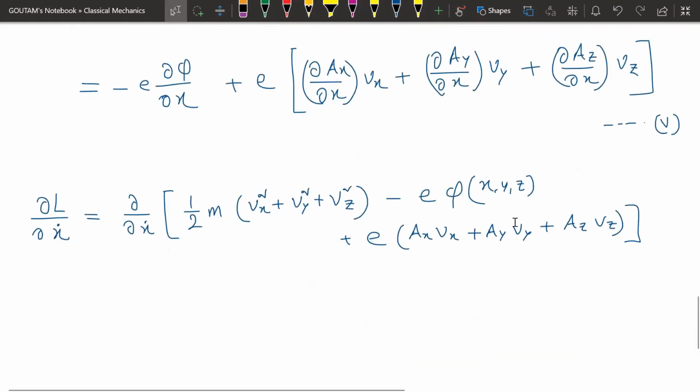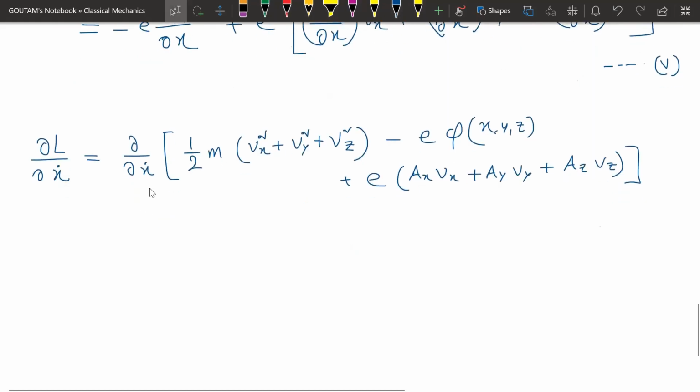Now we are differentiating this whole term with respect to x dot, that means Vx. Only some terms will get a derivative, the others will be 0. So this is m Vx, plus E Ax, because Vy and Vz are independent of x dot, and the derivative of Vx with respect to Vx is 1.